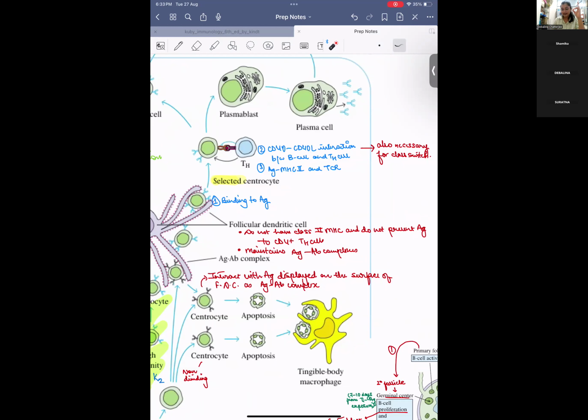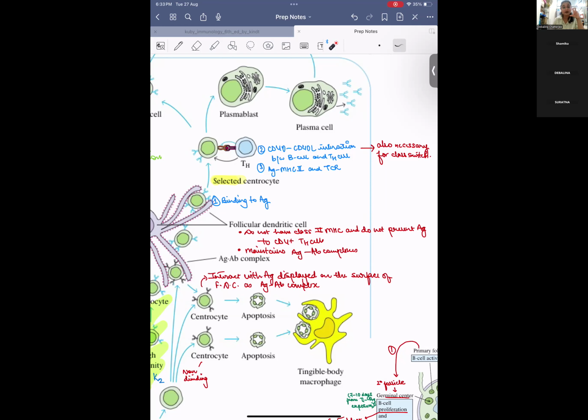So the follicular dendritic cells here do not have class 2 MHC molecules, so they are not antigen presenting cells. Antigen presenting cells present antigen to CD4 plus T helper cells.